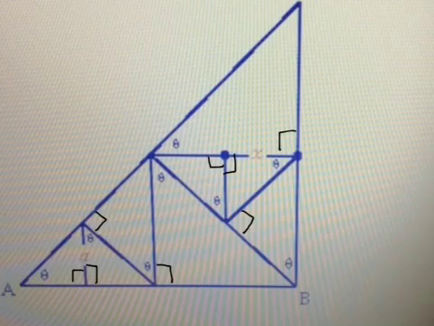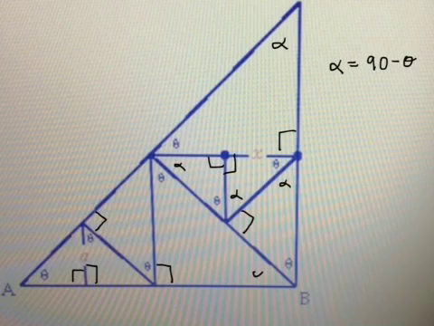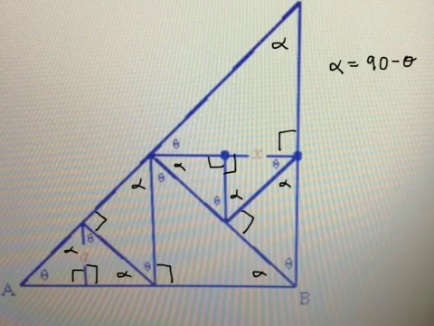So all right, then if I look at the relationship that I've got going on, for instance in this triangle right here, I've got a 90-degree angle and I've got theta in there, so this angle up here would have to be 90 minus theta, and I'm just going to call that alpha.